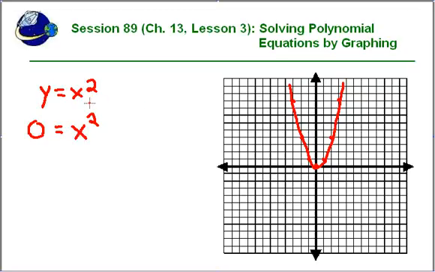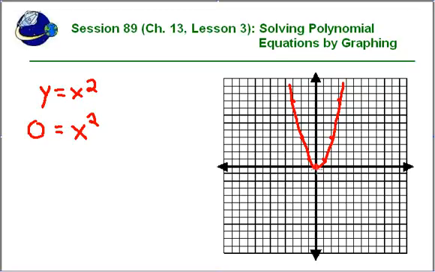But if we were to take a look at the function y equals x squared, we could actually come to the same conclusion. The manner in which we do that is we take a look at the graph of the function y equals x squared, and we determine at which points that graph intersects the x-axis. Well, in this particular graph, it intersects it at the origin.